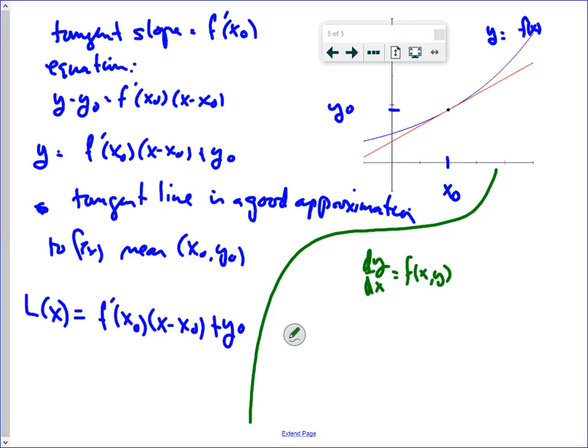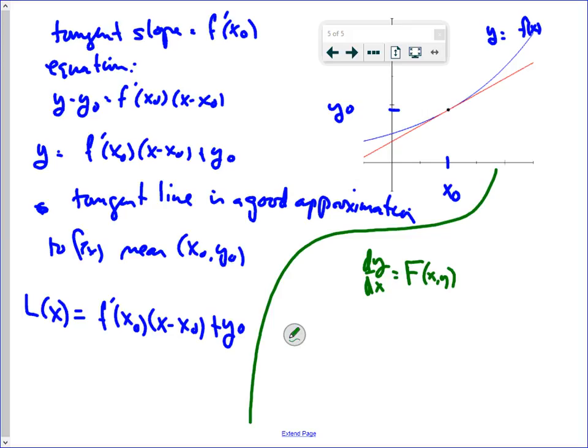I should have used a different letter here. Let me use a capital F down here, because the function I'm using here is not the function up there. The function up there is a solution. I should have used a capital letter for that, but I'm not going to go back and change it.